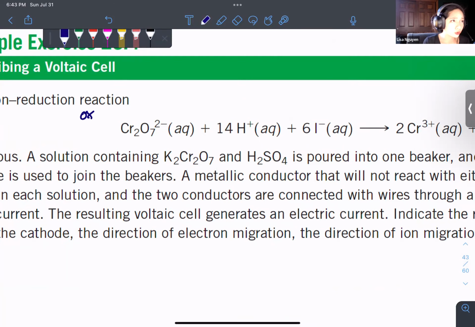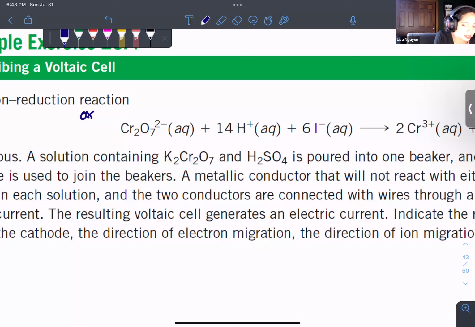So recall the rules for oxidation numbers. Oxygen typically has a -2 oxidation number when it's in a compound. If it is like oxygen gas, then oxygen has an oxidation number of 0. But in this case, because oxygen is attached to things, it has an oxidation number of -2.